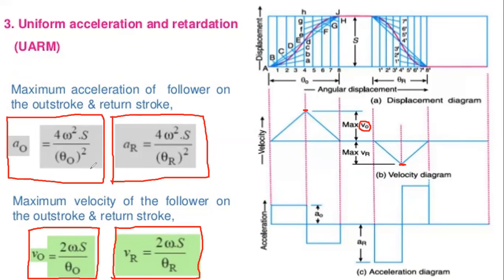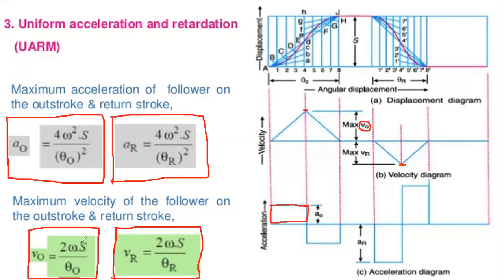So there we get the values, and the values have been taken from the center line. Here we are going to draw rectangles instead of triangles. The acceleration diagram needs to be drawn as a rectangle only.